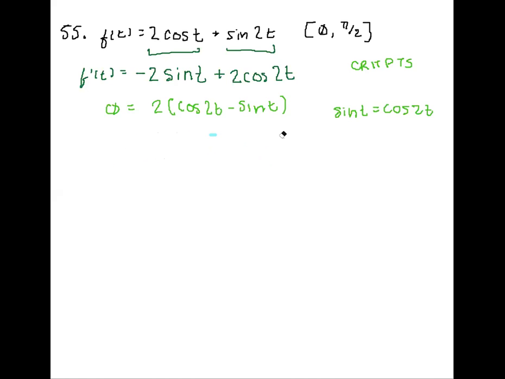Okay. What does this mean? How can we find this? So what is the difference between cos 2t and a regular cosine?